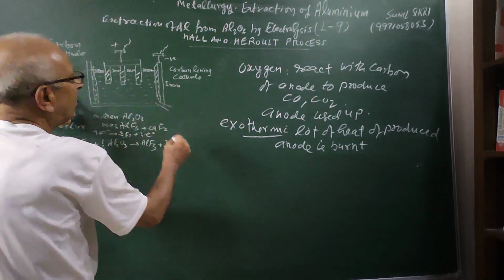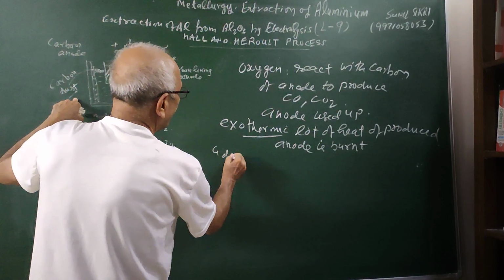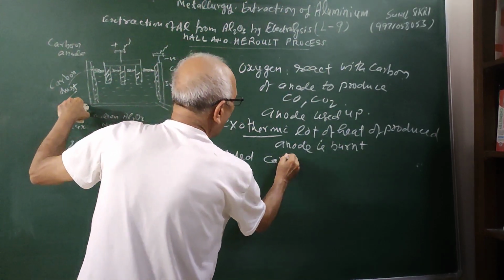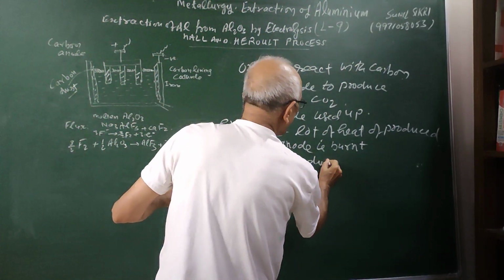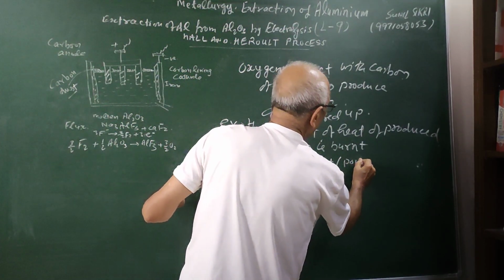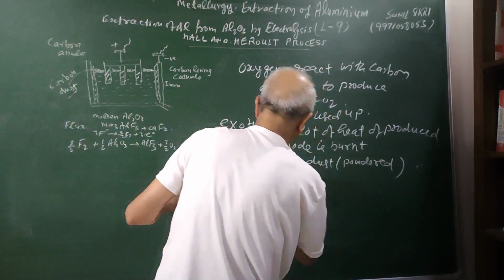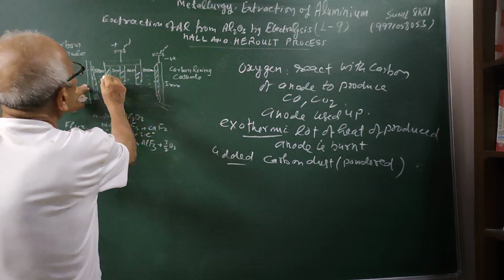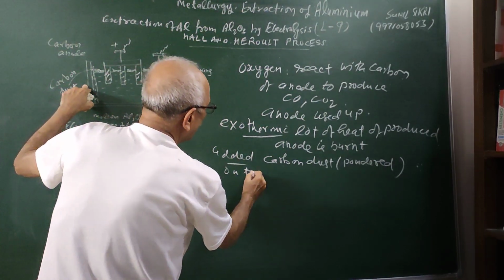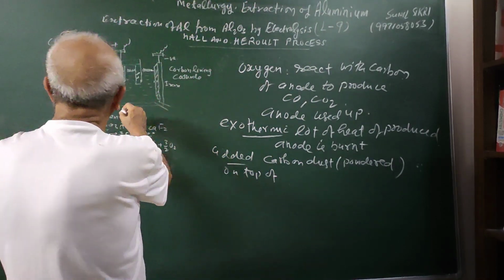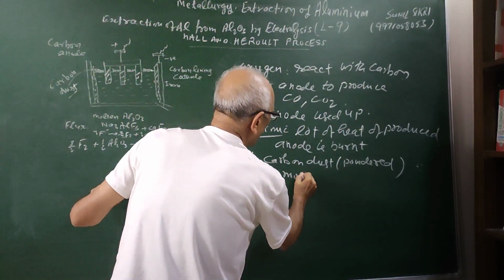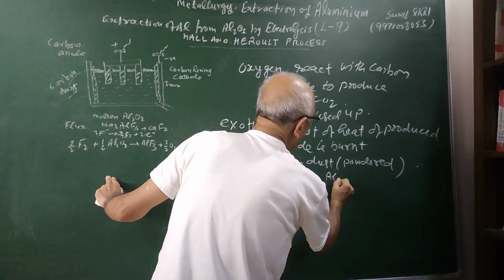That is why we have added carbon powder or carbon dust on the top of the molten Al2O3.